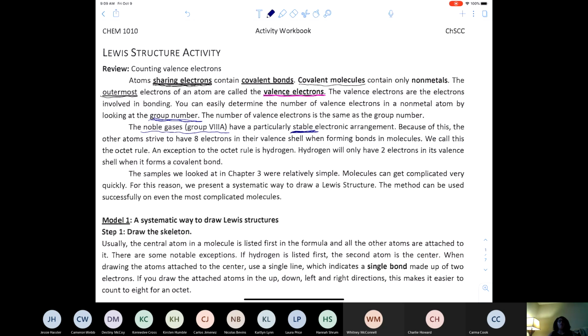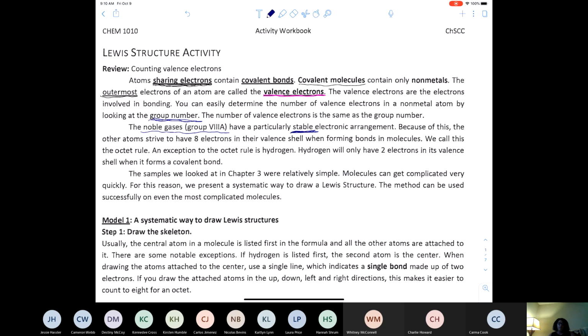And so therefore, all other nonmetal atoms that have less than 8 valence electrons aren't as stable as the noble gases in their electronic arrangement. So therefore, they want to achieve that stability by obtaining 8 valence electrons through the sharing process, and therefore through the covalent bond formation process.